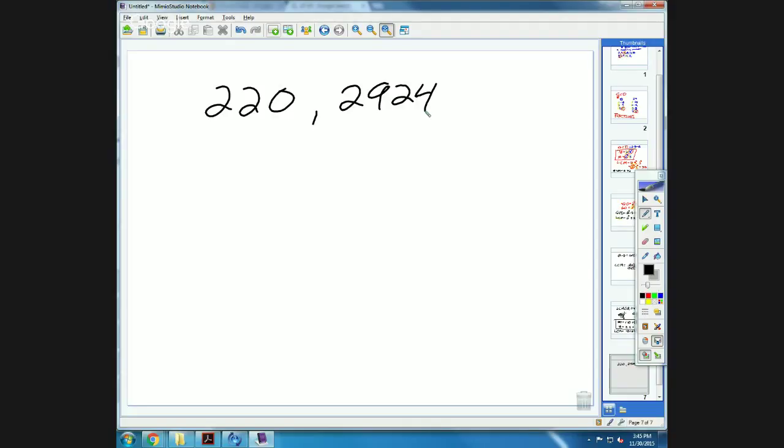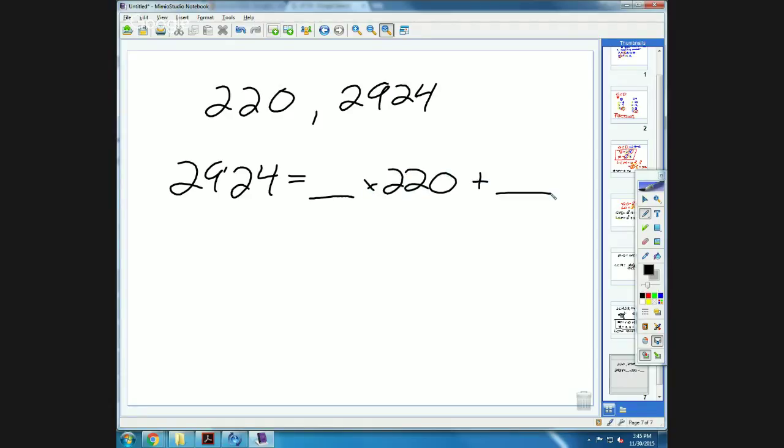Here's where a calculator might be nice to help with the division. We need to know how many times 220 goes into 2,924. We're going to use the Euclidean algorithm. So we want to say, 2,924 equals what times 220 with what remainder? We want to find what's called the quotient and the remainder here.